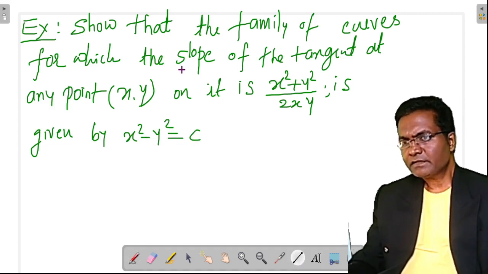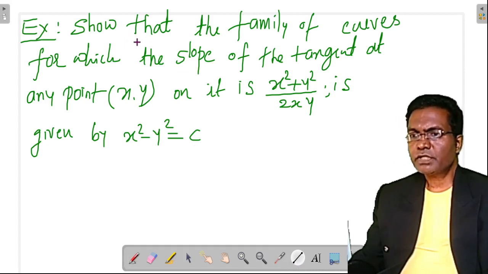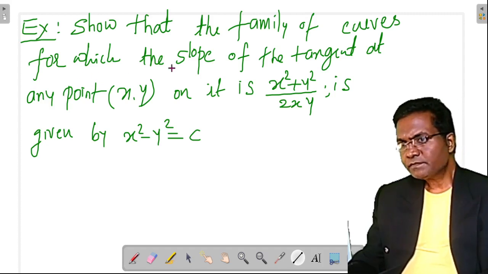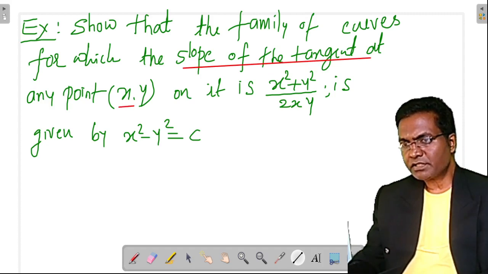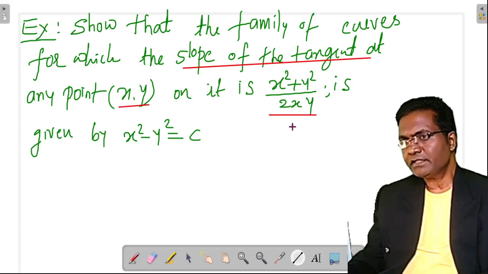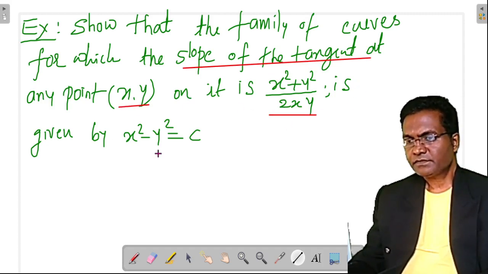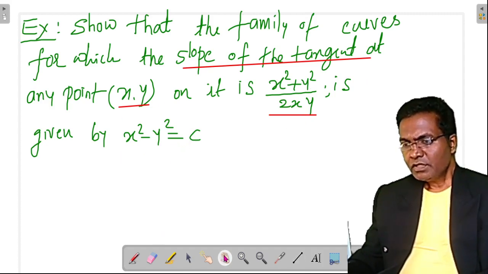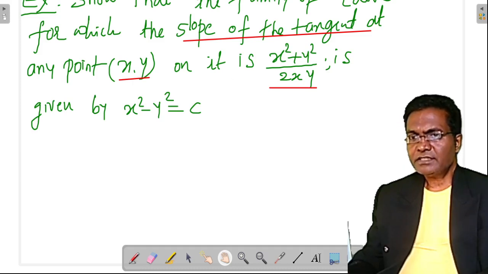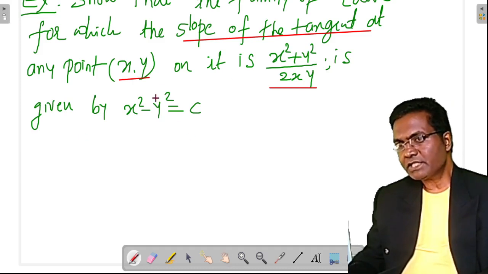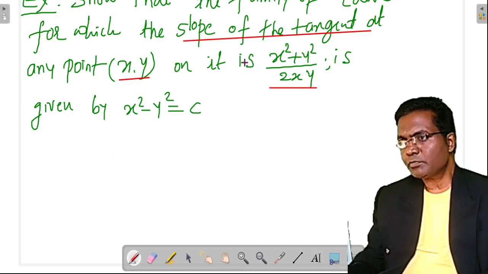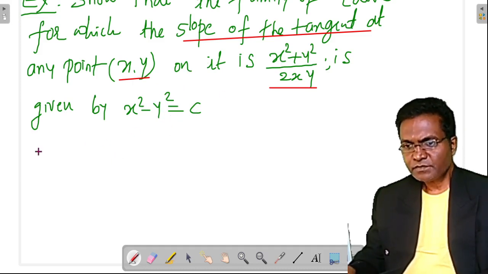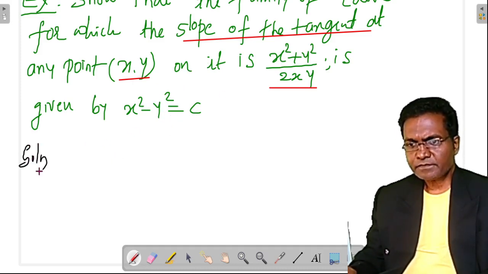Now see here, you are supposed to show that the family of curves for which the slope of the tangent at any point (x, y) on it is this. Means for this family of curves, slope of the tangent is given by this. Slope means dy by dx.